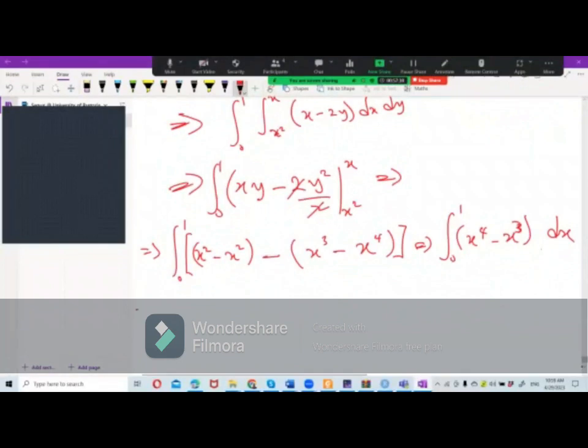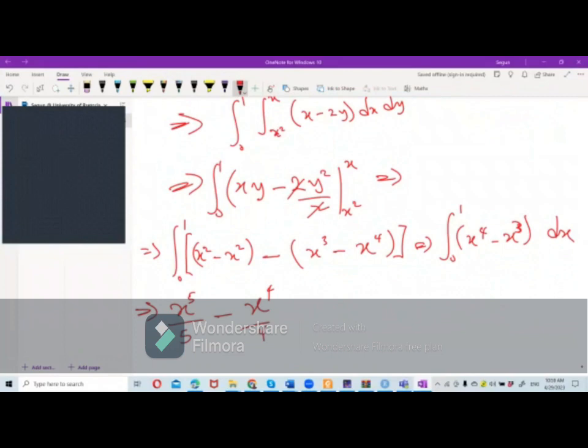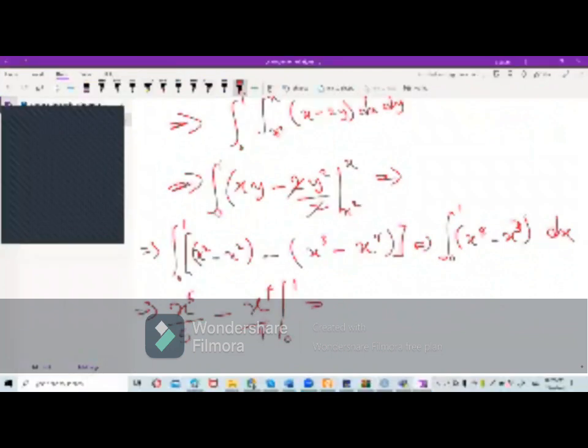So I can now integrate this one. What do I have? I will have x raised to the power 5 over 5 minus x raised to the power 4 over 4, all from 0 to 1, which equals 1 over 5 minus 1 over 4, which equals minus 1 over 20.